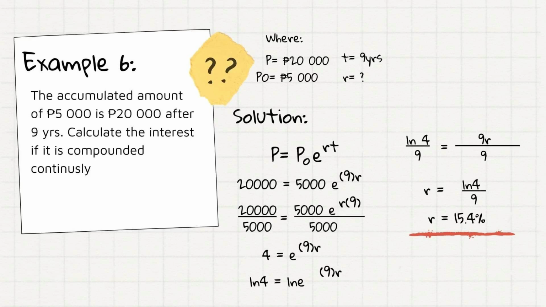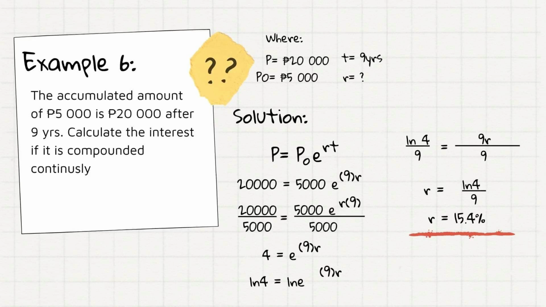And do we still remember the natural logarithm? So here, we will use it to eliminate the e and bring the 9R down. So we multiply both sides by ln. What happens is ln of 4 is equal to ln of e raised to the power of 9R.